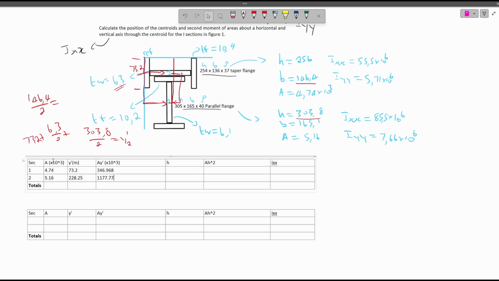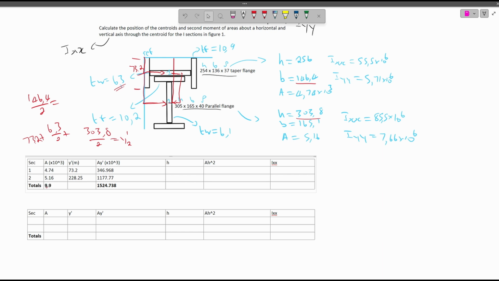And then we're going to look for the total of this one and this one, which is 1524.738 times 10 to the 3. Our total area is 9.9 times 10 to the 3.